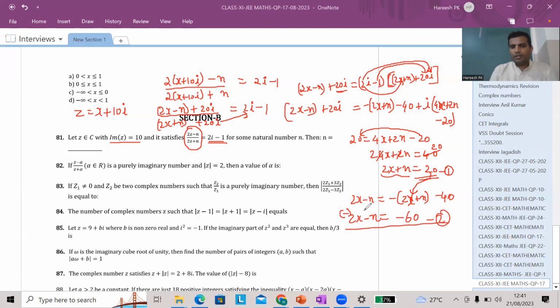When you subtract, you will end up getting 2n is equal to 80, or n is 40. It's a simple question, but as I said, students must develop confidence that this is doable. Please note down. Then let's move to the next question.